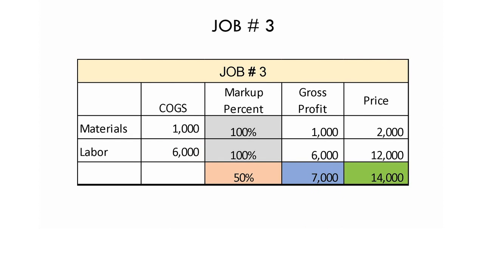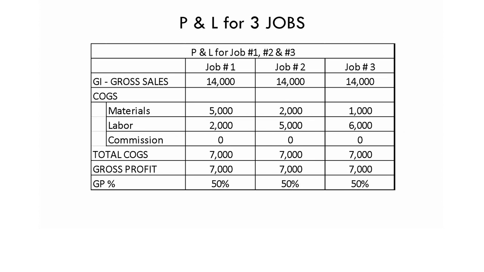For job 3, our labor now is $6,000, our material is $1,000. Using the same formula, we end up with $7,000 gross profit or a price of $14,000. So when we look at all 3, each one has a $7,000 gross profit and a GP percentage of 50%.